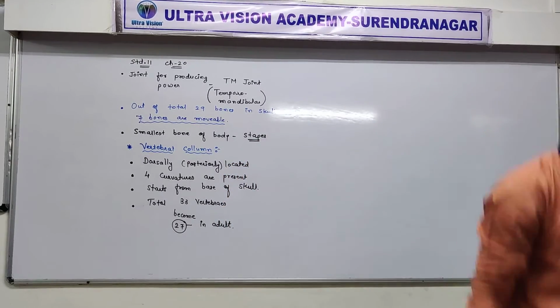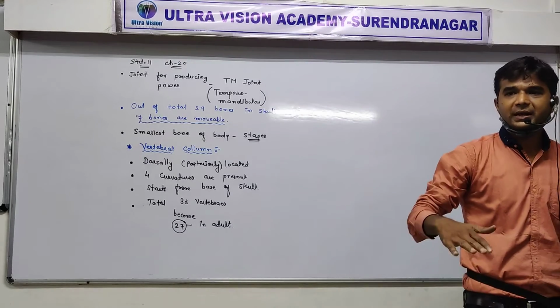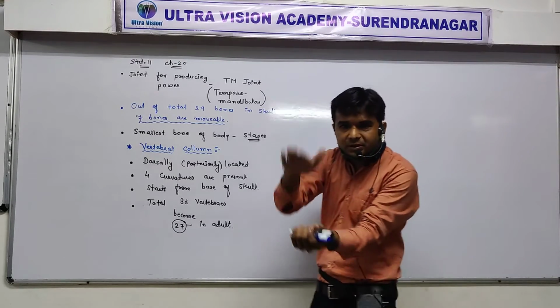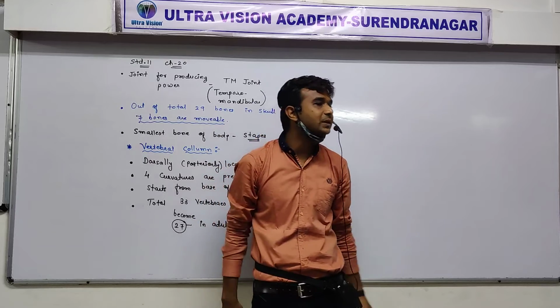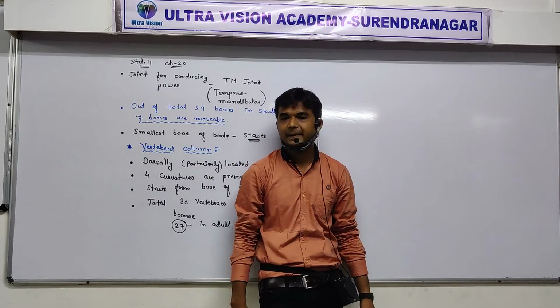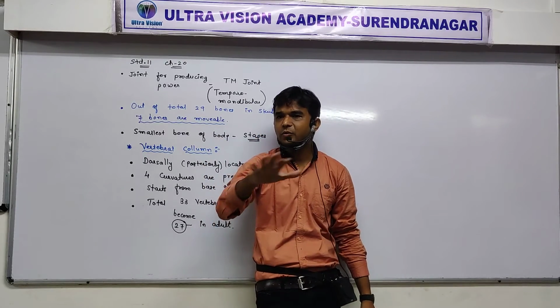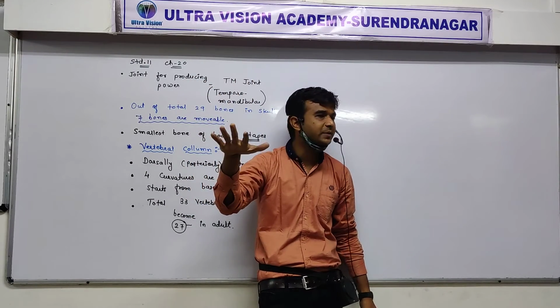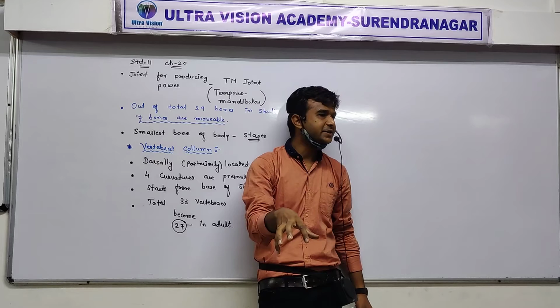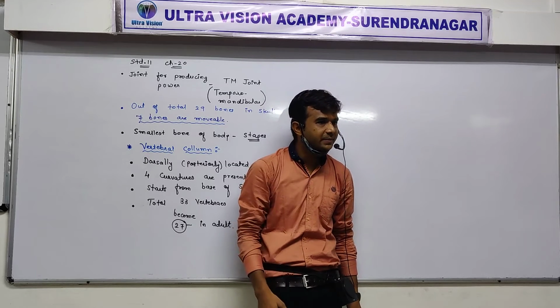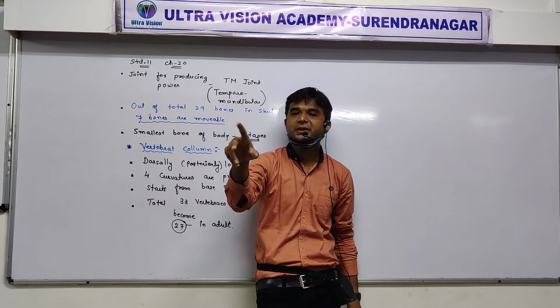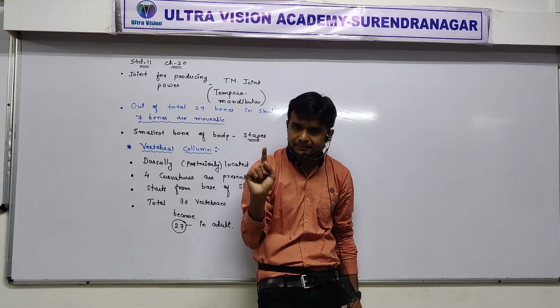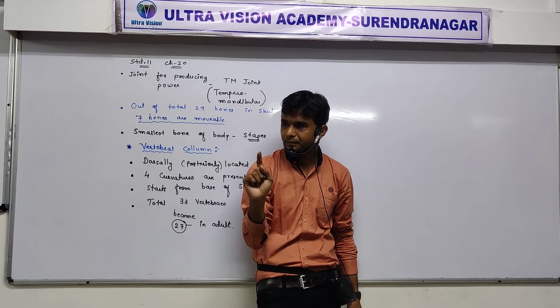So when I am jumping like this, the jerk can be absorbed with the help of the intervertebral disc. When we perform any type of movement, partial movement occurs in each vertebra, which can prevent friction in between two successive vertebrae.